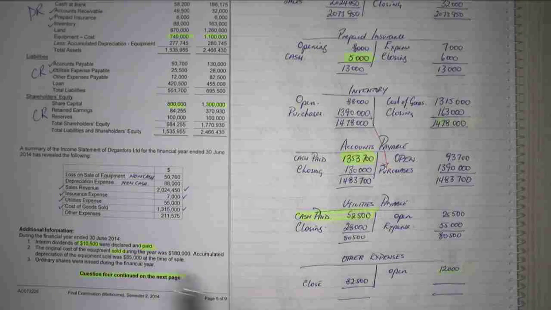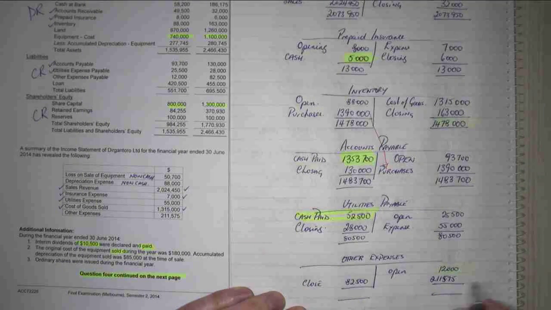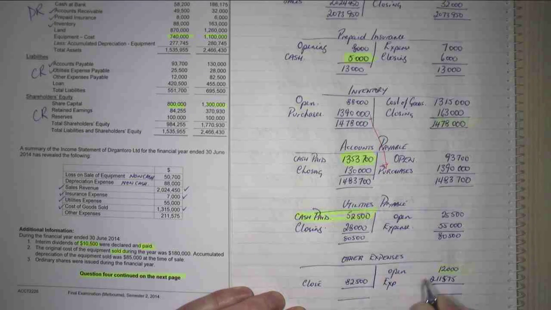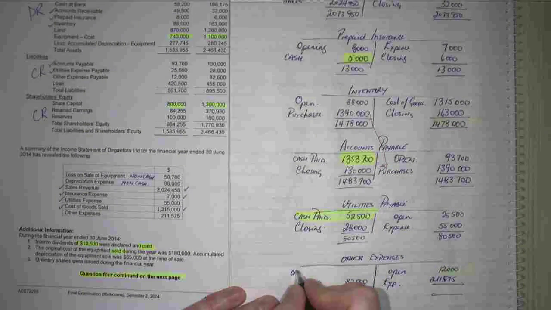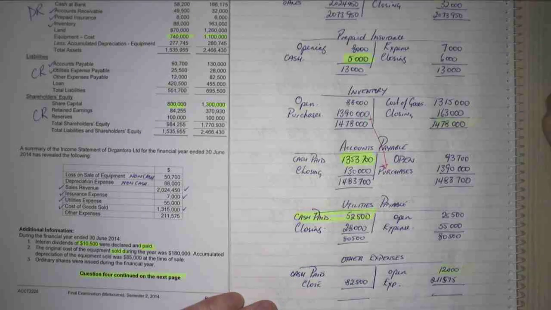What increases this? This would be my other expenses, 575. And my cash paid is what we're trying to work out.